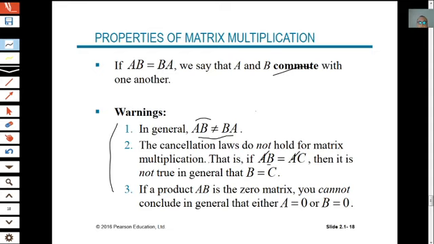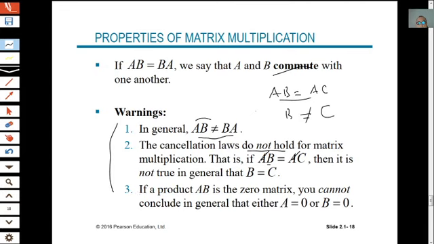Therefore, the cancellation laws do not hold for matrix multiplication. Namely, when we have A times B equal to A times C, we can have B different from C. Therefore we cannot simplify this one.